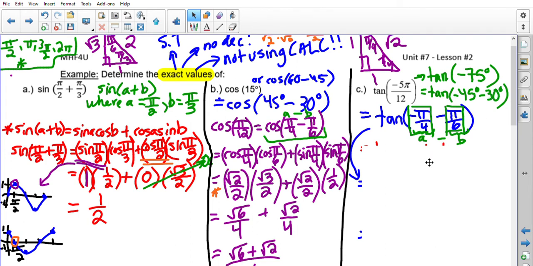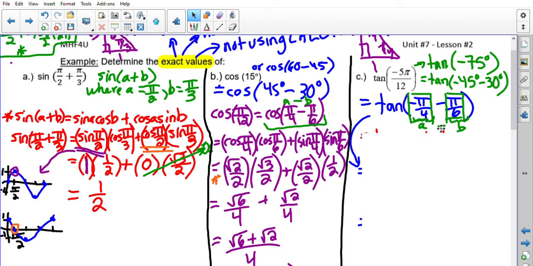Okay. So this basically looks like tan of A minus B, where A is actually a negative answer here, so negative pi over 4, and B is positive pi over 6. Remember, B is considered a positive angle if you mean that the negative is originally there. Okay, so if we see this as A minus B, then B is just positive pi over 6.